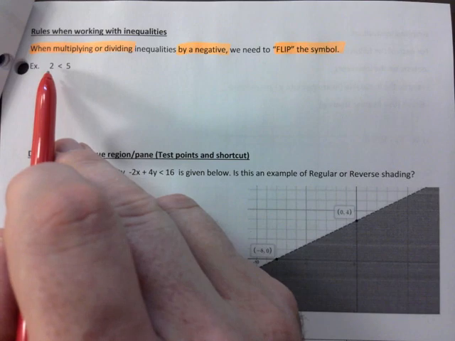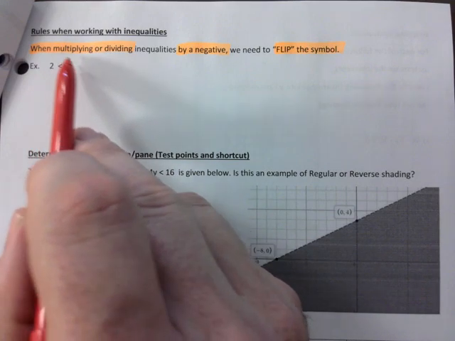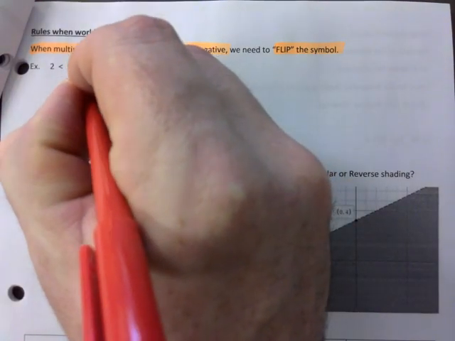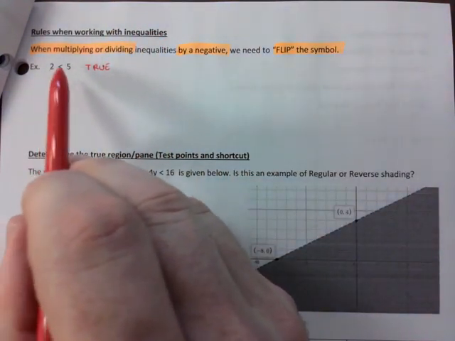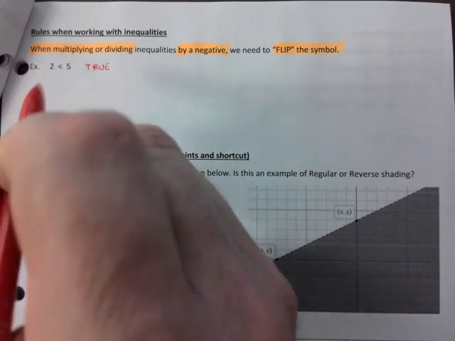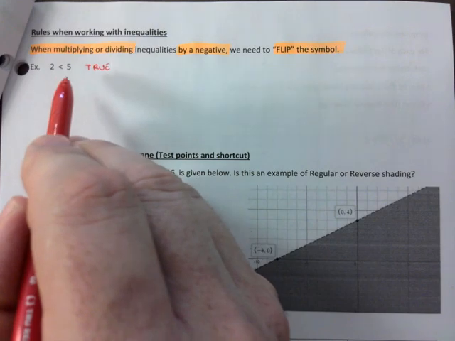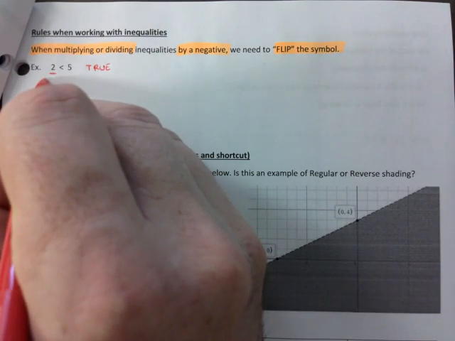let's first ask the question. 2 is less than 5, correct? If you look at this statement, 2 is less than 5 would be true. Nobody would disagree with that. But let's say you divide both of these, so you can perform the same operations as you would with an equation.